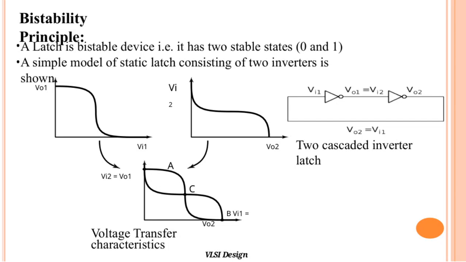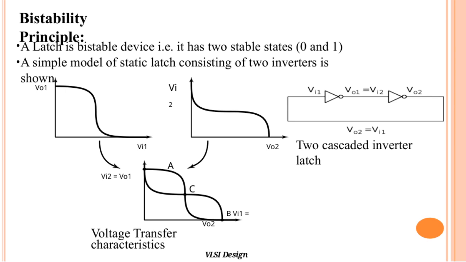Here, we're looking at the bistability principle as it applies to a latch. A latch is a bistable device, meaning it has two stable states, either 0 or 1. This is fundamental in digital circuits because it allows the latch to store a bit of information. The slide shows a simple static latch model made from two cascaded inverters. Notice how the input VI2 equals the output VO1, and input VI1 equals output VO2.